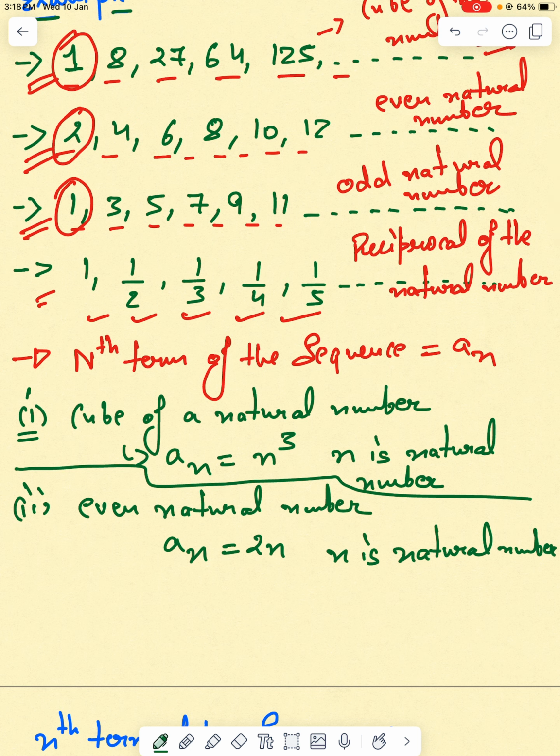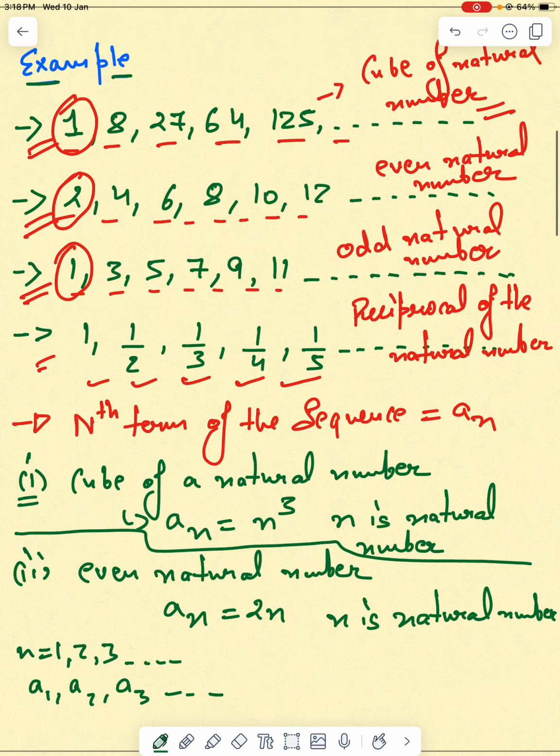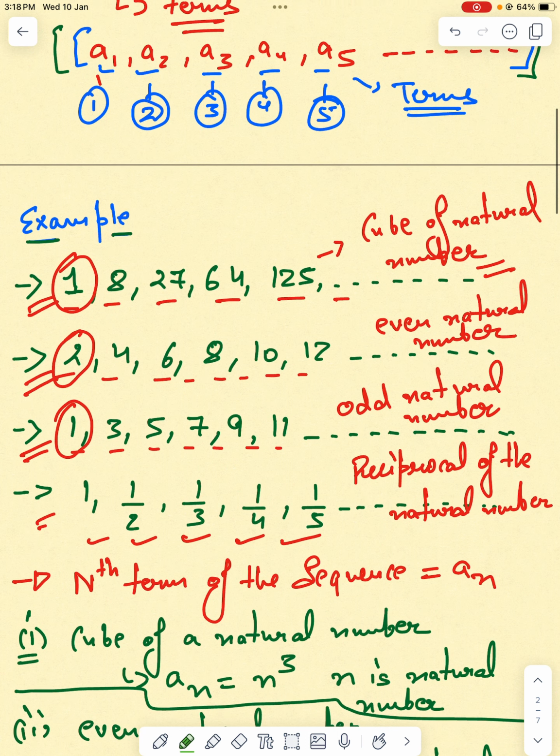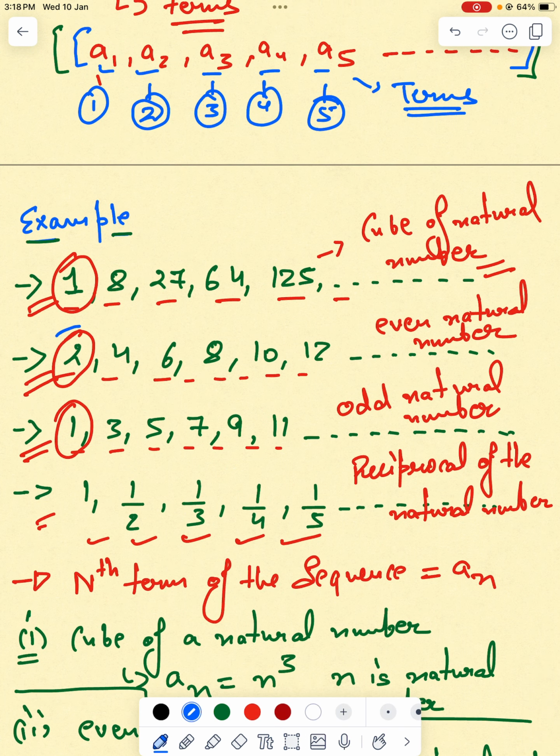So if you put the value of n equals 1, 2, 3, you will find a1, a2, a3, and so on. You will get the same series. If you put n equals 1, you will get your first term, that is 2, second term 4, third term 6, and so on.